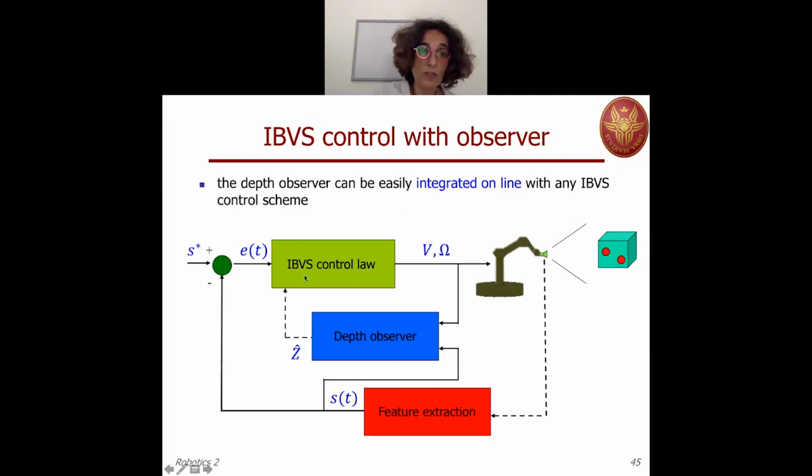Now, in this IBVS control law, since we are using the image Jacobian, it depends, via the interaction matrix, on Z, on the depth. We have seen that it is possible to use a fixed value for Z, but if we do have an estimation, to be more robust with respect to convergence of the image error, we can use the estimated value of the depth, the value estimated through the nonlinear observer that we have just mentioned.